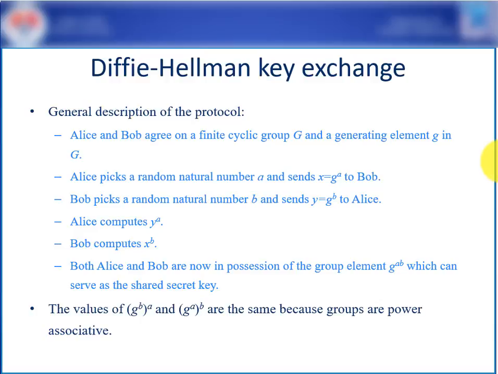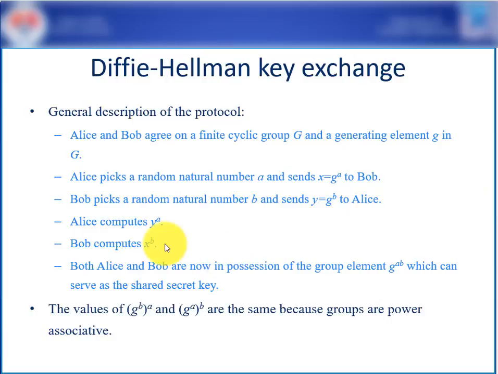They agree on a finite field, and Alice picks a random number A and calculates x, which is equal to the generator of the field raised to the power of this number A. Bob also chooses a random number B and sends to Alice the number y, which is equal to the generator of the finite field to the power B.